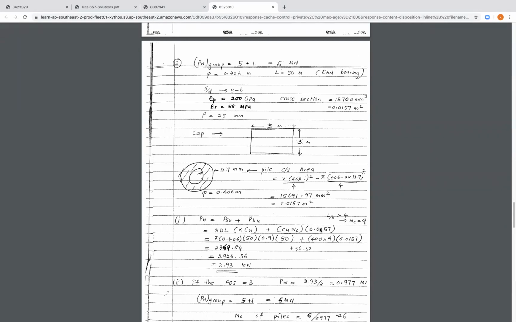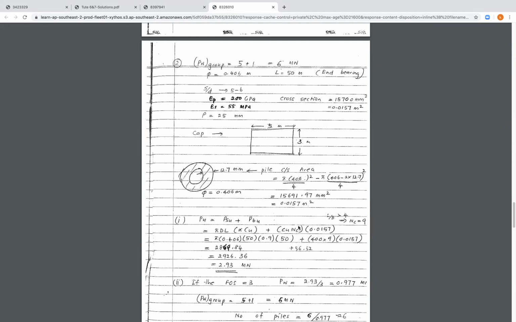And the cross-sectional area of the pile, we have already worked it out here. So we need to multiply this value by this factor, which is the FB factor, which for the clay soil is the undrained shear strength multiplied by the NC factor.